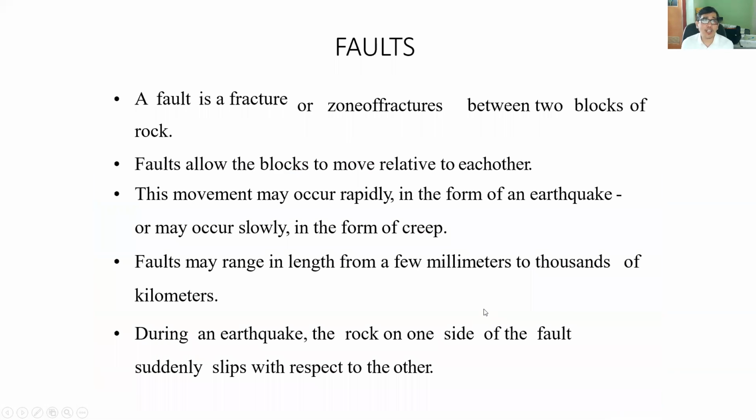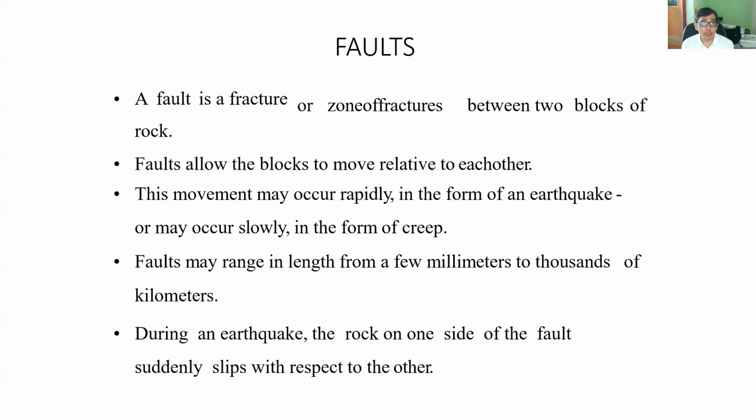A fault is a structure or zone of fractures between two blocks of rock. We often hear this term. Usually, if there are earthquakes, the news always refers to the earthquake movement and relates it to the nearest fault line. The fault allows the blocks to move relative to each other.